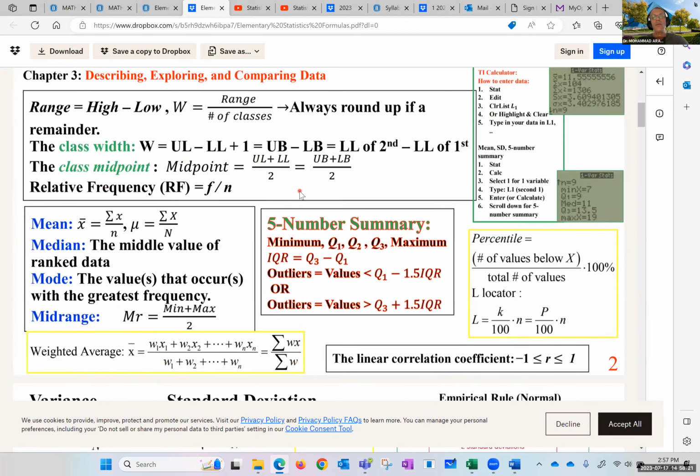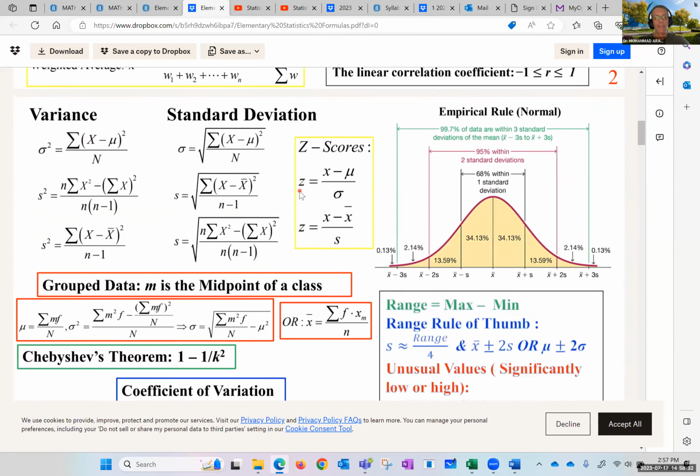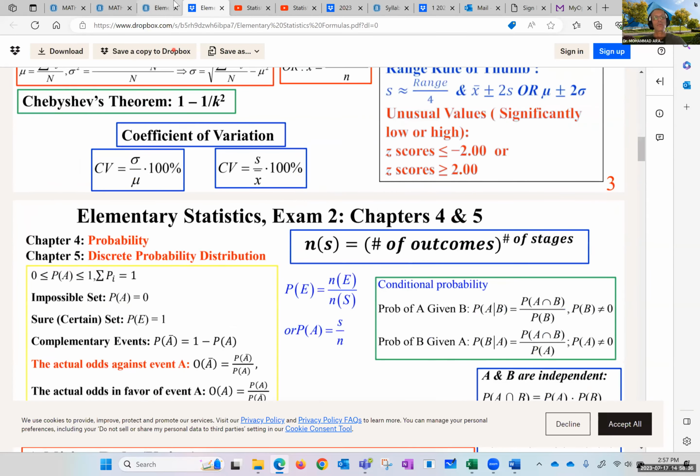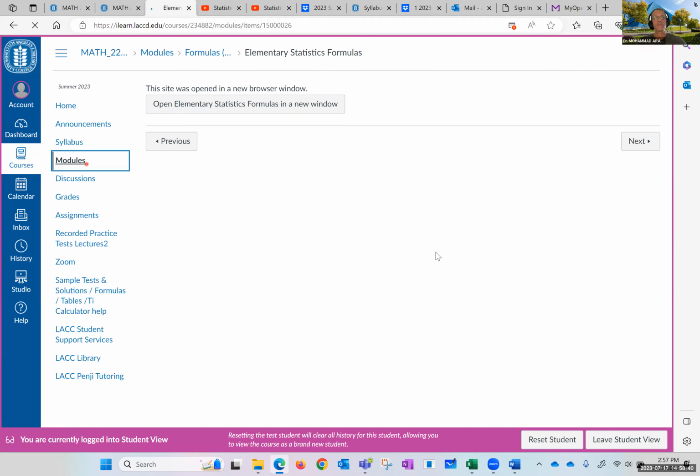And it is highly recommended when you show work, start with formulas and then plug in. All right. So that's the formulas.